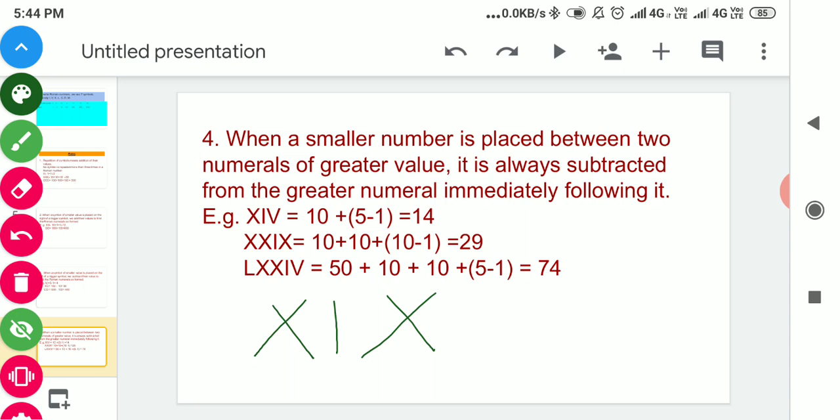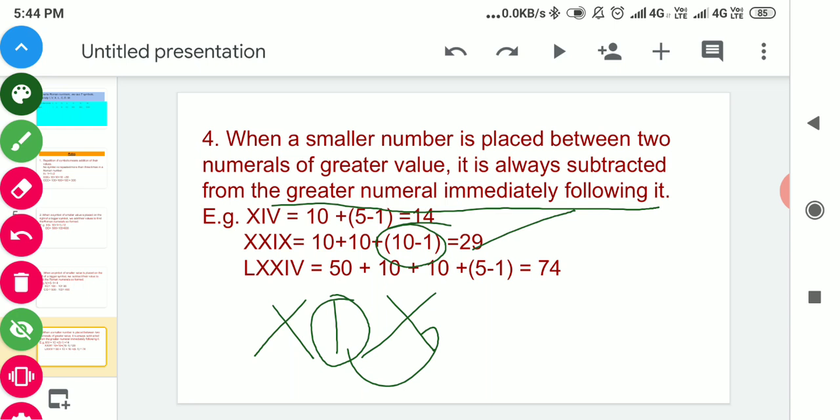And we will subtract this I from the greater numeral immediately following it. So which 10 is following this I? This X. So we will subtract this 1 from 10. So after that the answer will be 29.